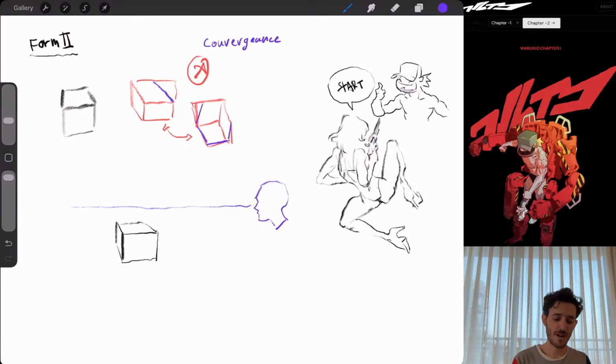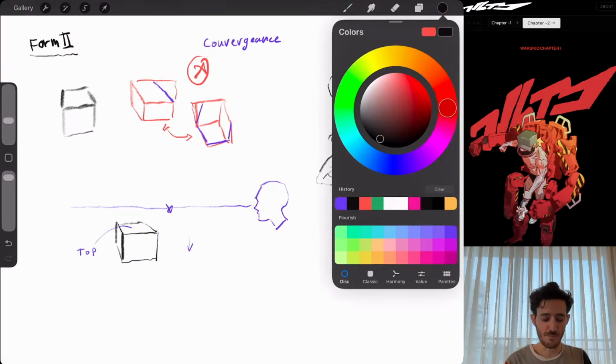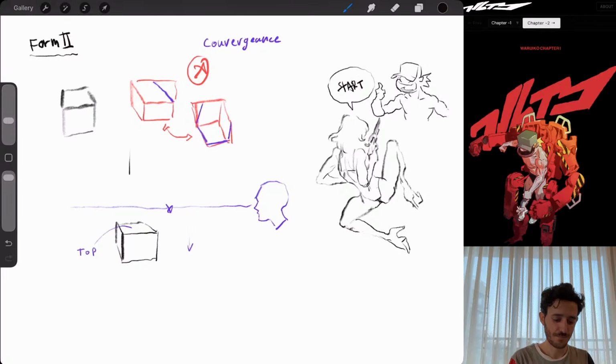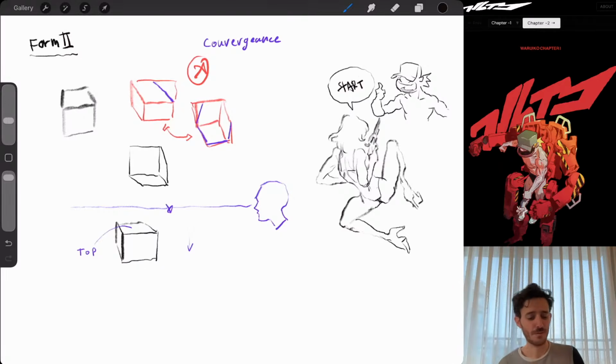It means that if the horizon is right here, you are looking directly at that level. Anything under the horizon, you will see the top of, and anything above the horizon, you will see the bottom of. Does that make sense?